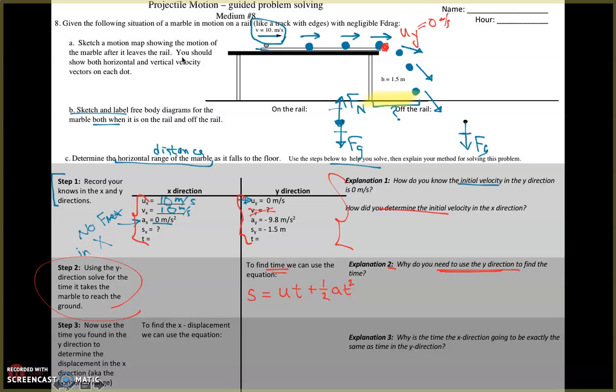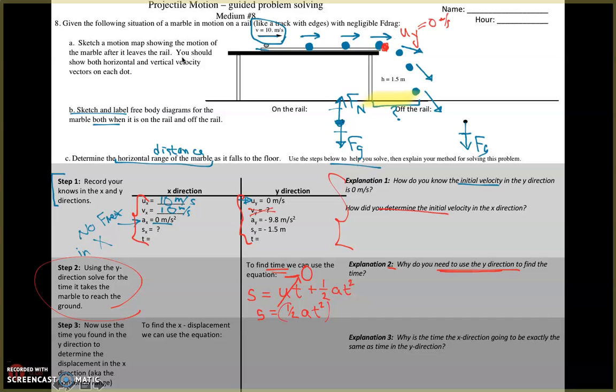To do that, I really like plugging in anything I know that's 0. I know that the initial velocity is 0, so that whole term is 0. That simplifies my equation to s equals 1/2 at squared. And I'm going to do some algebra to solve for t, so that I get an equation that says t equals.